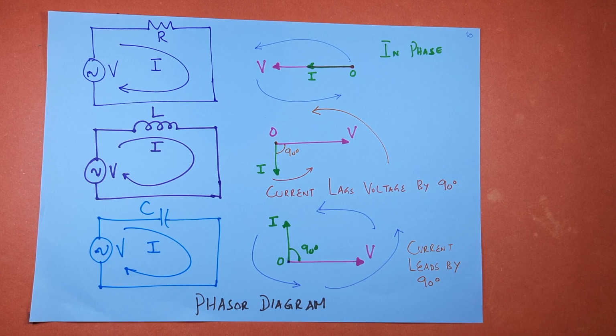We represent phasors using capital letters. For instantaneous value, we use lowercase letters. For average and RMS value, we use uppercase letters, and to represent phasors, again we use uppercase letters.